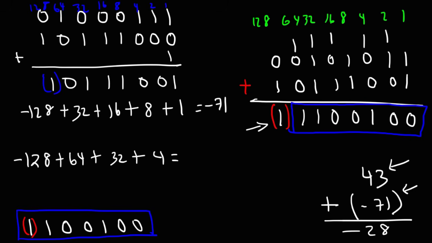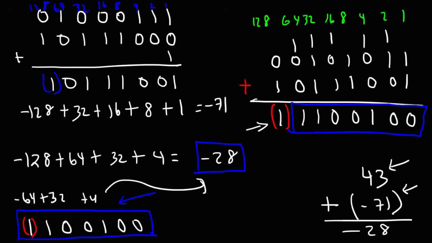Negative 128 plus 64 plus 32 plus 4 still gives us the same answer of negative 28. And this will also give us negative 28 as well. This will be negative 64 plus 32 plus 4, which is the same result. So the decimal equivalent of these binary numbers are the same. So we still get the same right answer. It looks a little different with the extra 1.